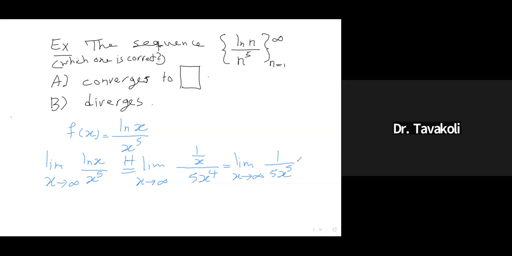There is no need for L'Hopital for this step, because when x tends to infinity, the top is a constant 1, the bottom is 5 times infinity to the power of 5, which is infinity. And 1 divided by infinity is equal to 0. So this is a convergent sequence, and it converges to 0.